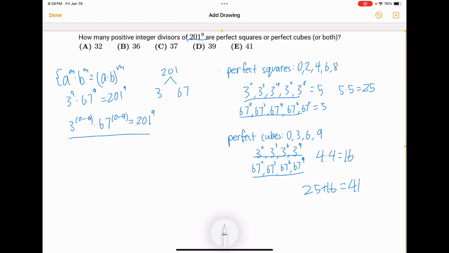However, we do have overcounted powers. Because it is saying or both, that means that the exponents 0 and 6 occur in both perfect squares and perfect cubes. And so the combinations with these 2 exponents are overcounted, so we must subtract those. So here is a list of the overcounted powers.